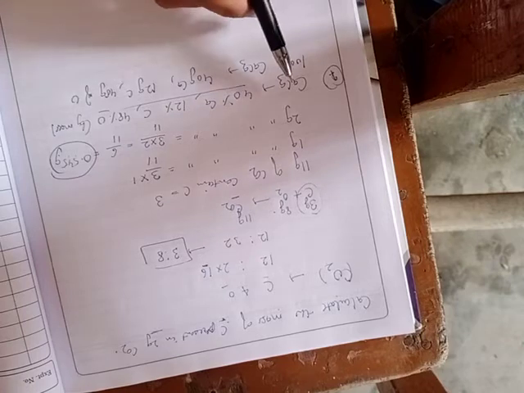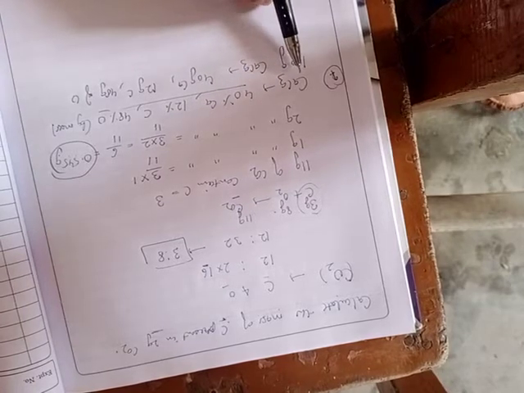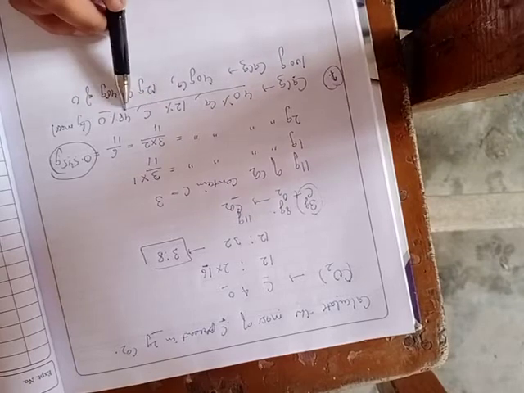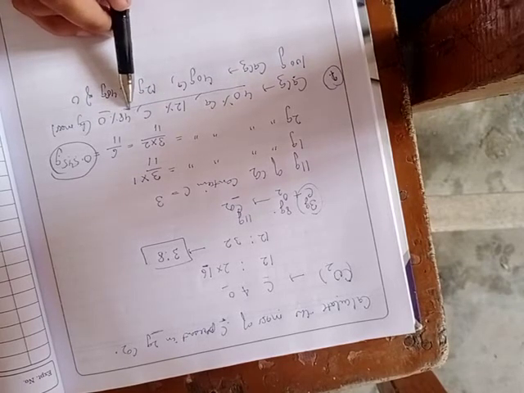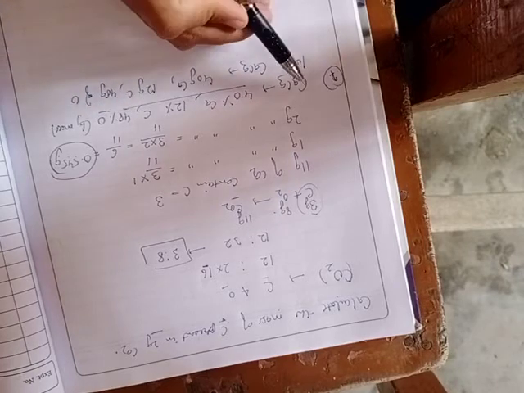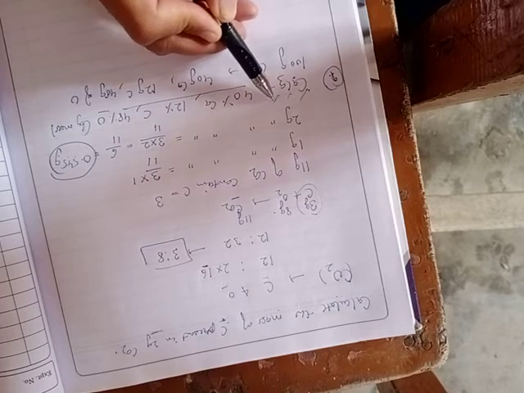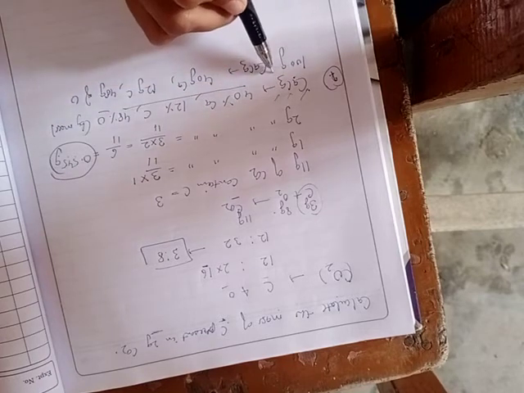Clear? Knowing the law of constant composition holds good, calculate the mass of the constituents, that is calcium, carbon and oxygen, present in 2 gram of calcium carbonate.